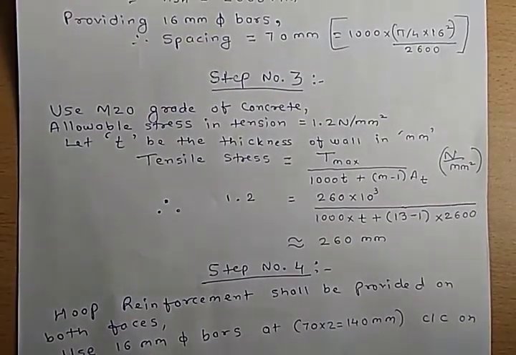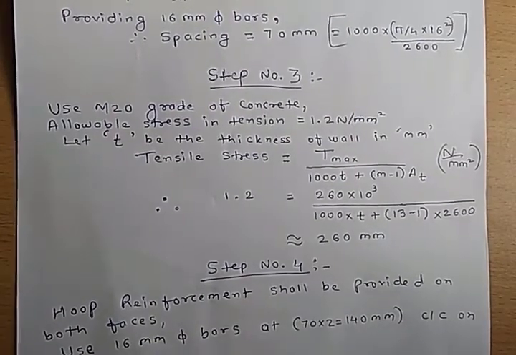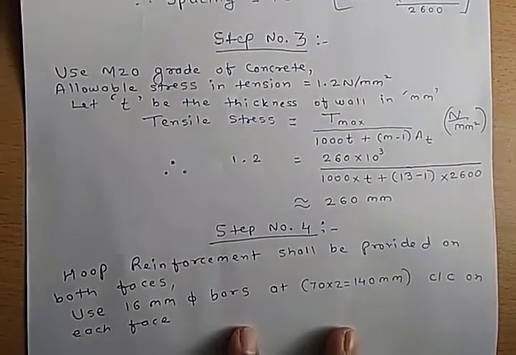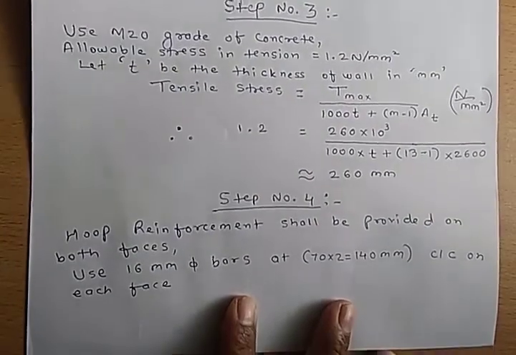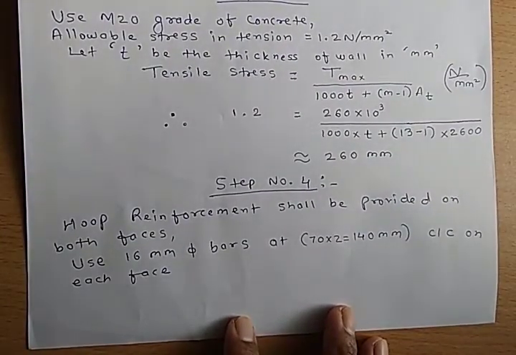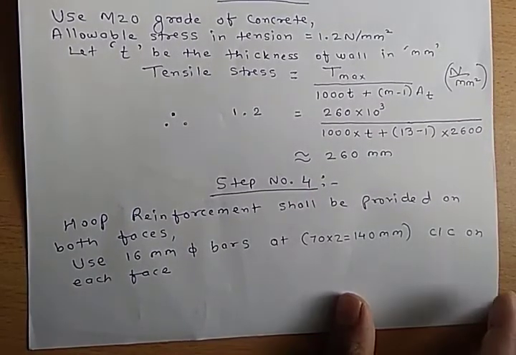You will get the different table, and from there tensile stress equals this empirical formula. It is nothing but the force divided by area, and this is the empirical formula from where we'll get the thickness here.